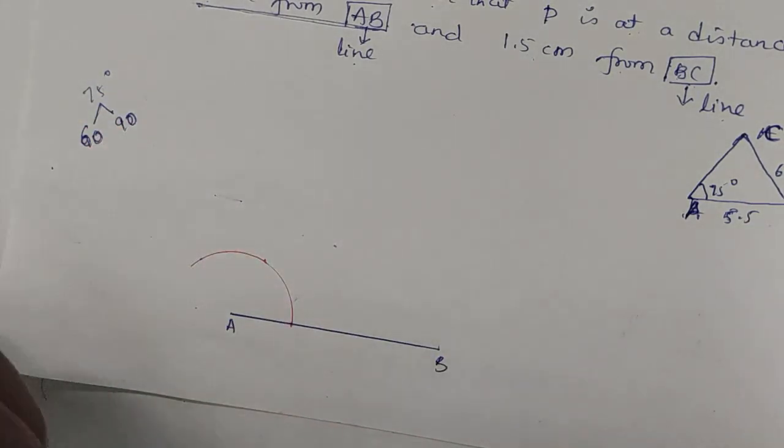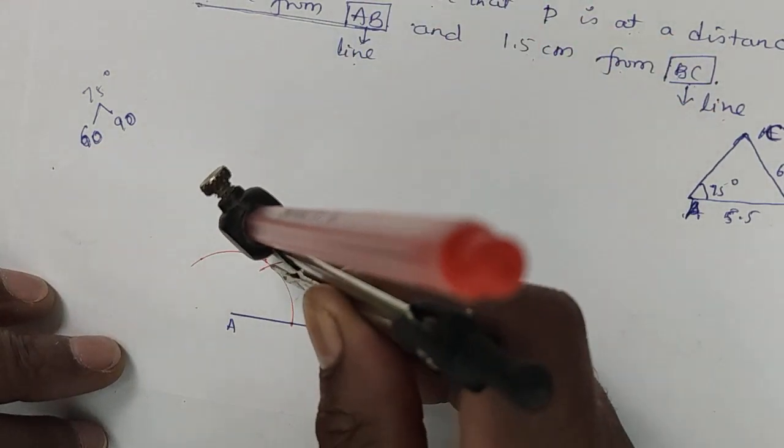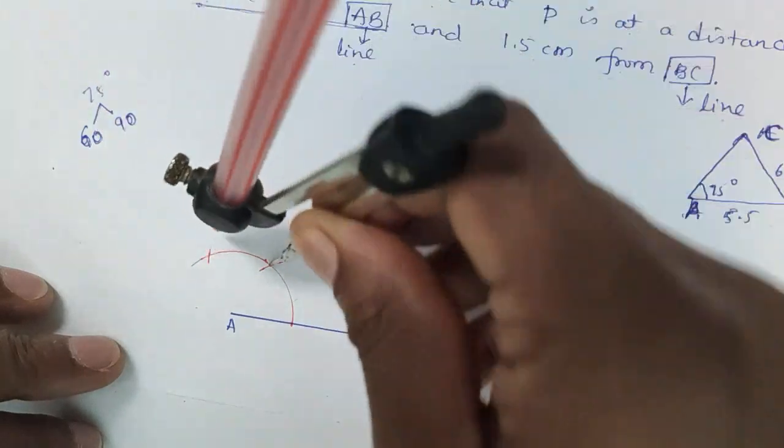How to construct 60? This is the 60 construction method. This is the first arc, 60. The second arc is 120.